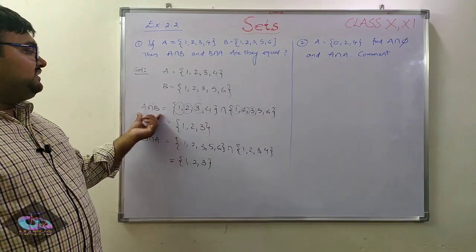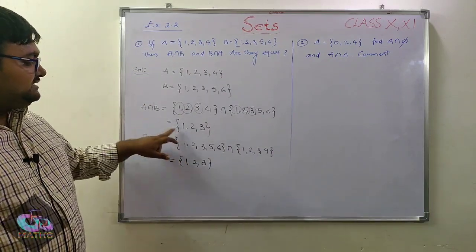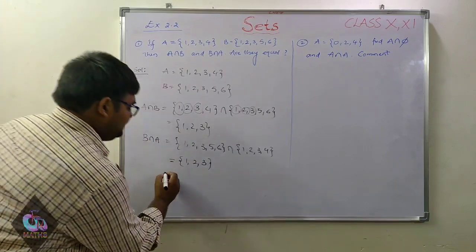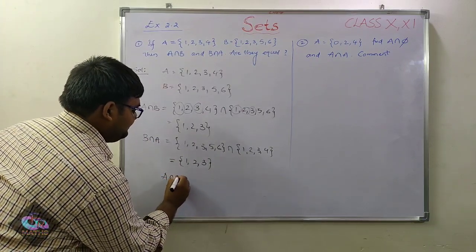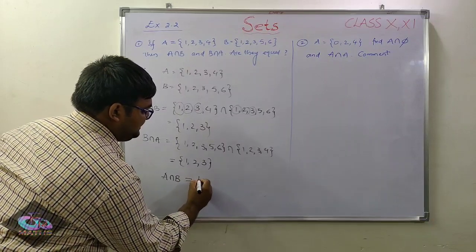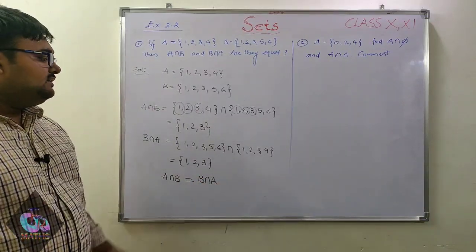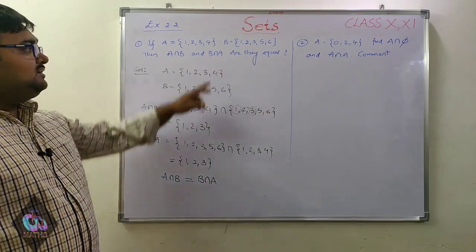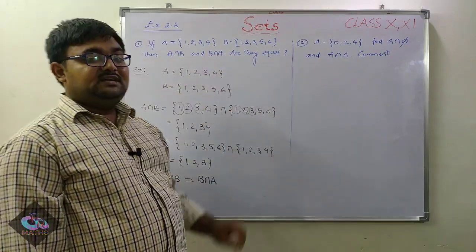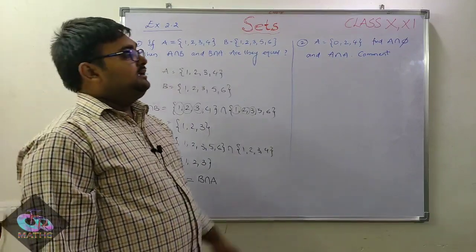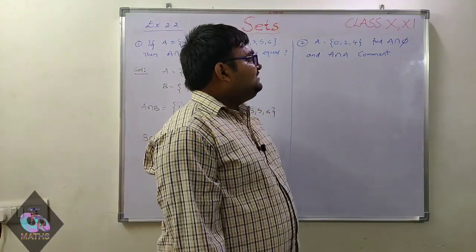So from this clearly you can observe A intersection B is nothing but B intersection A. So A intersection B is clearly equal to B intersection A. So this is the answer. What he has asked, are they equal? Yes, they are equal.